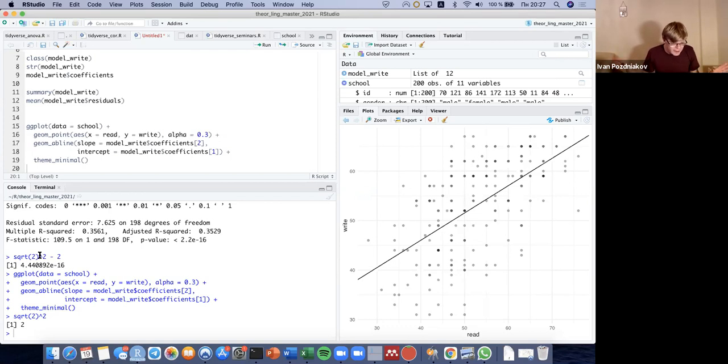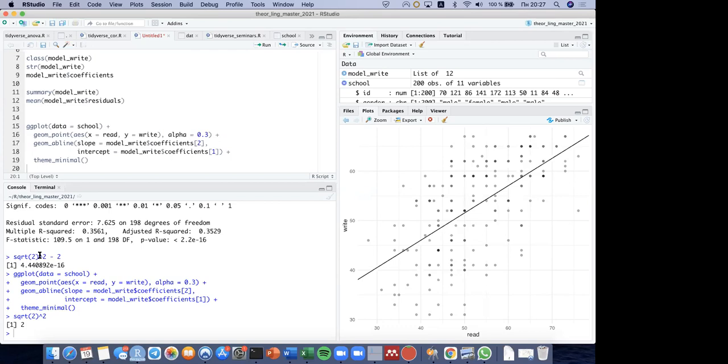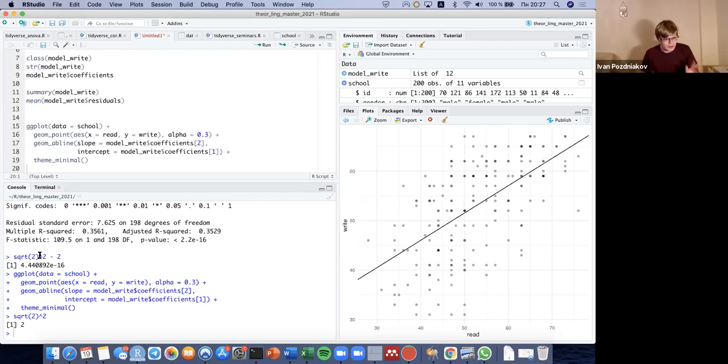So it's just an artifact of computers, not even R. You will have more or less the same thing in other programming languages too.